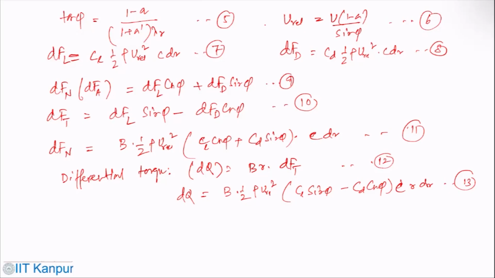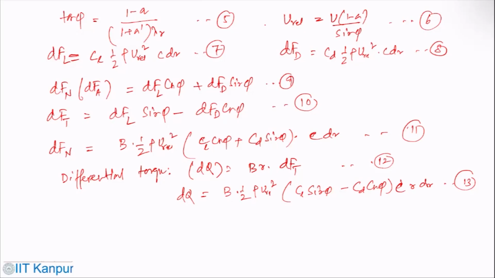These two equations define the normal force or thrust force and the tangential force or torque on the annular rotor section. The relative velocity is effectively that wind W which we used earlier to determine ideal blade shapes for optimum performance.